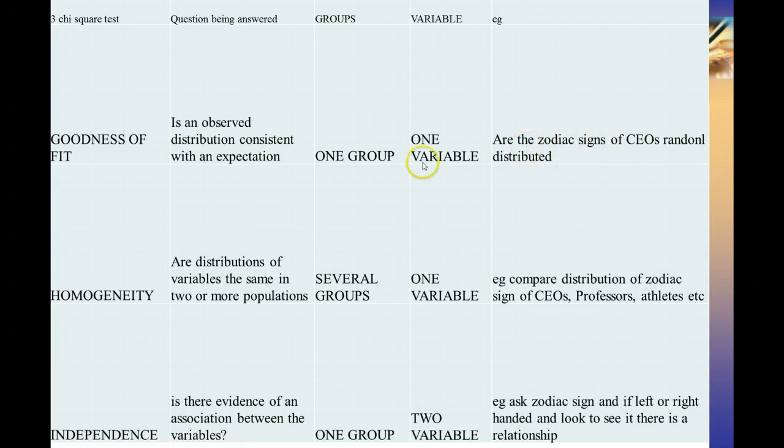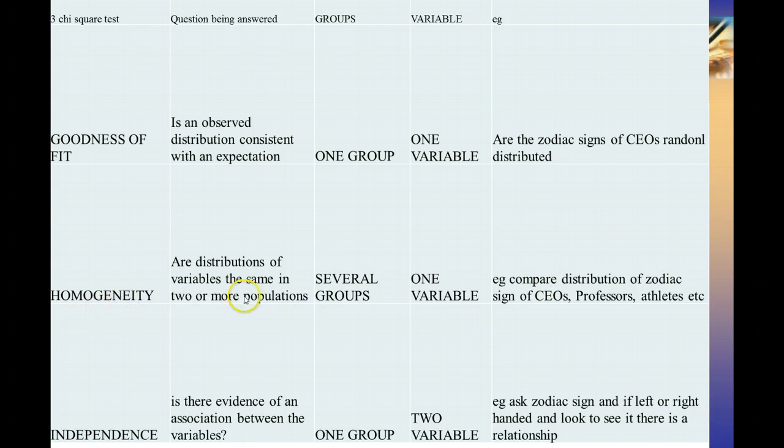That's the expectation. The number of groups in this case would be one group. There's just one variable. The one group, CEOs, the variable, zodiac signs. And you're looking to see if the zodiac signs are evenly distributed, because that is what is expected.